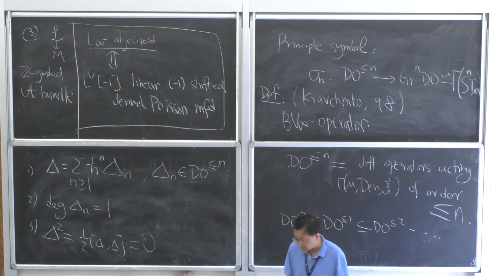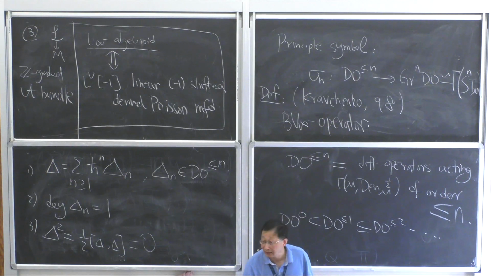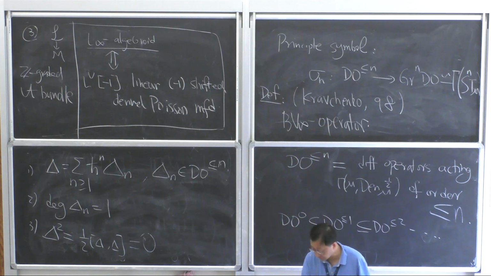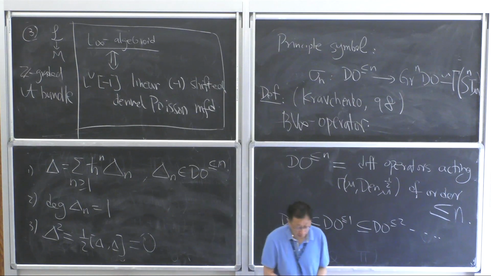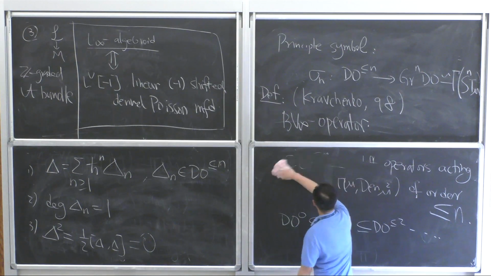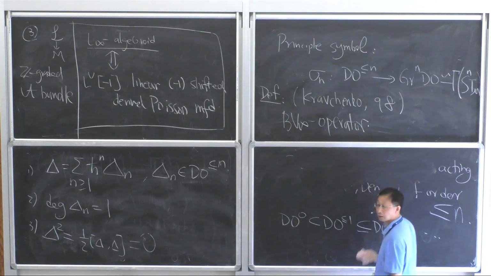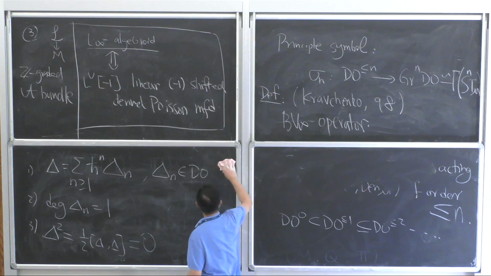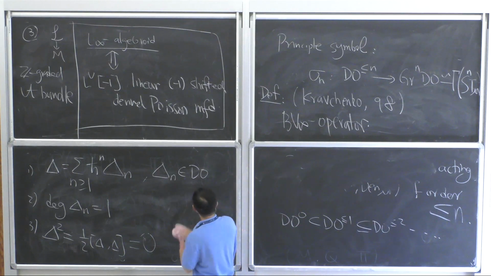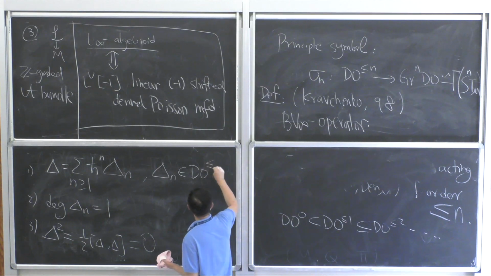I don't think she used the half density. She used a function, but the principle is the same. The only difference here is that using half density is more intrinsic. So a proposition. Is there n or n plus 1? Here's the order. So the order is at most n.